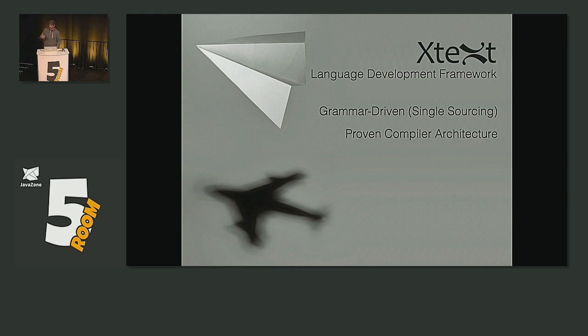And then it's a bit Spring-like from the architecture. So you write the grammar, you run a code generator that generates some bits, and then there's a lot of generic implementation for linking and validation and stuff that is wired together via dependency injection for you. Xtext uses Guice.